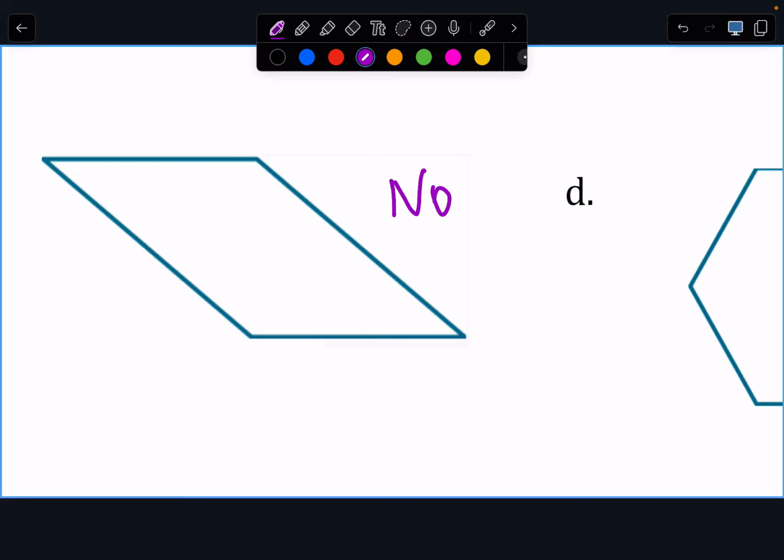Yes, sir. Do you want me to get a parallelogram for you? Like, do you need a paper parallelogram? How about you fold your paper? They're just not parallelograms.